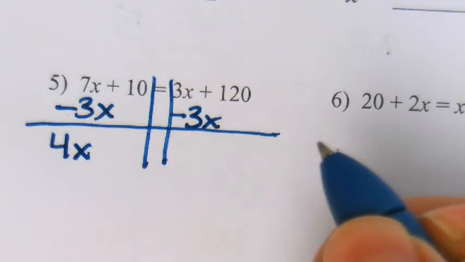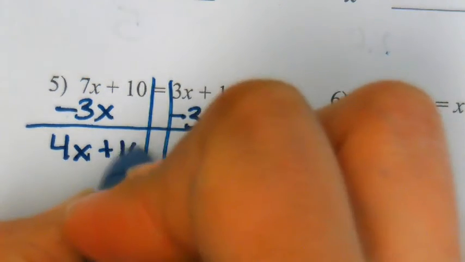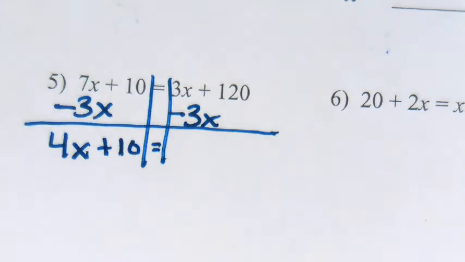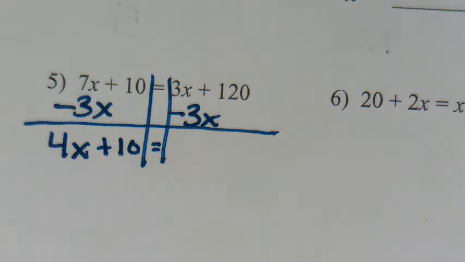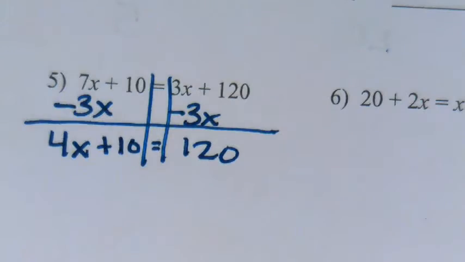Anything else on this side? Yeah, plus 10 equals, right? Because I didn't do anything with this 10, so it just drops down. What's left on this side? 120. Now, just like we've been doing last week, now you can solve it like regular. Go ahead and solve it like regular.